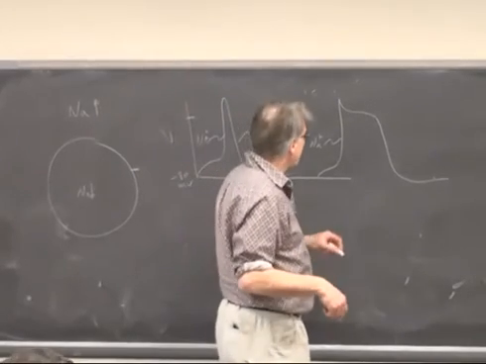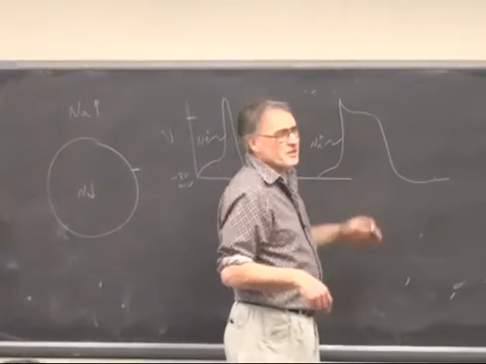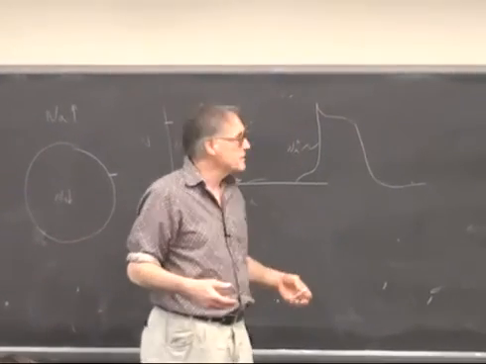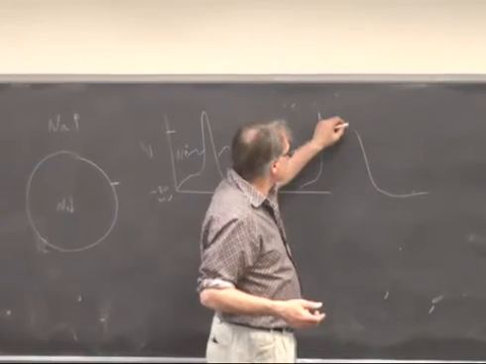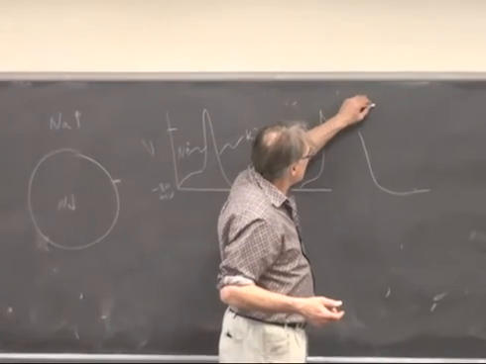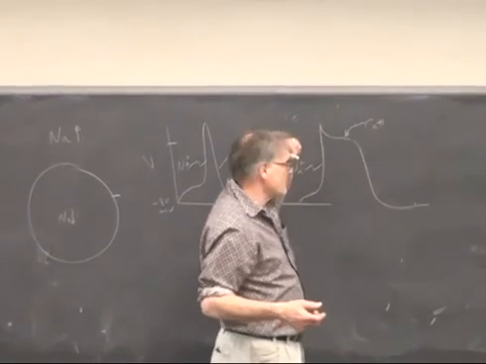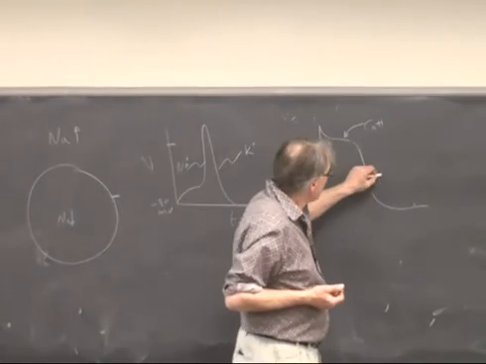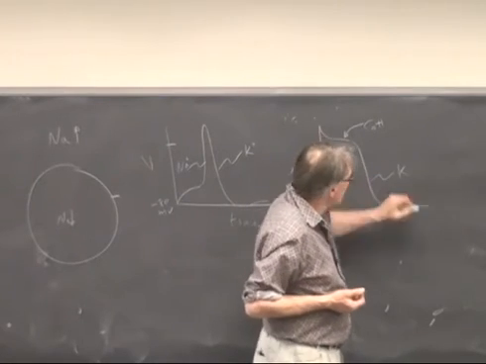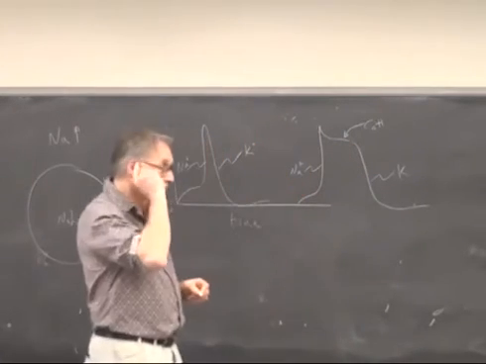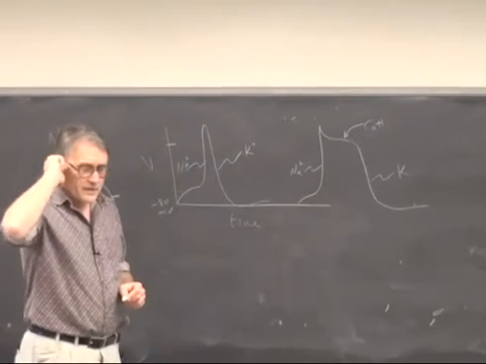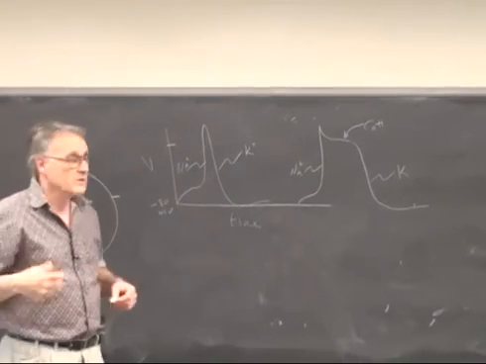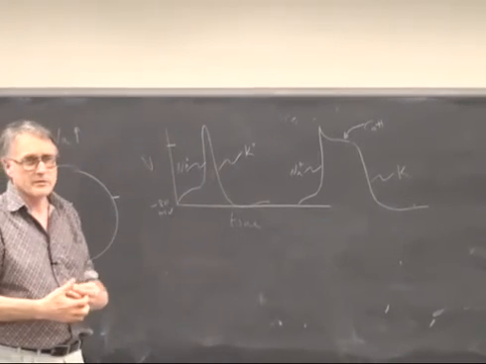And in the case of a cardiac potential, this current is very complicated. There's, I don't know, maybe a dozen different conductances, but basically there's a plateau that's caused by a mixture of calcium and sodium ions, and then the repolarization again is mostly potassium current. And we'd like to model this using some sort of analog electronic system.